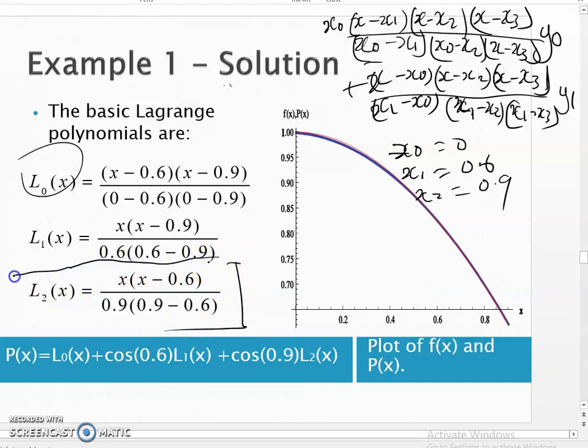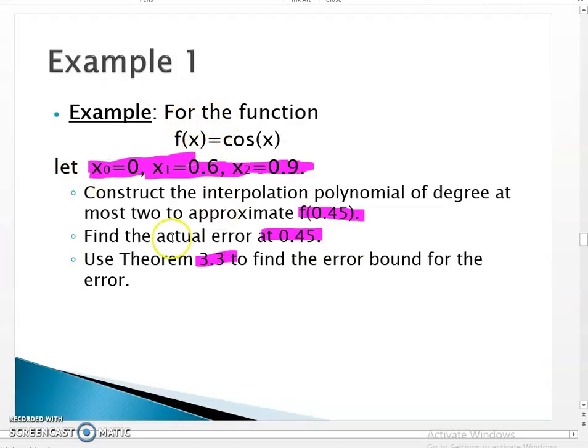Now our main target is to find the error bound. So p(x) here represents the interpolating polynomial. The interpolating polynomial will be equal to cosine of 0.6, because we are to evaluate according to this given function.